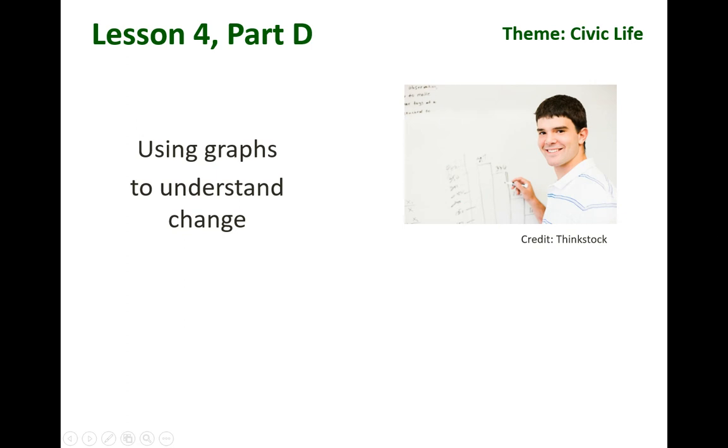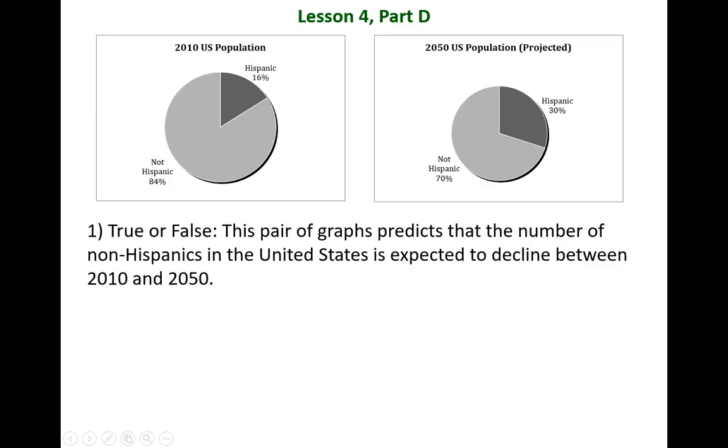All right, so now let's use our graphs to try to think about changes and how graphs can show change. Question 1, true or false? This pair of graphs predicts that the number of non-Hispanics in the United States is expected to decline between 2010 and 2050.